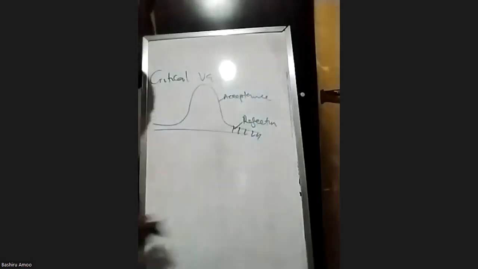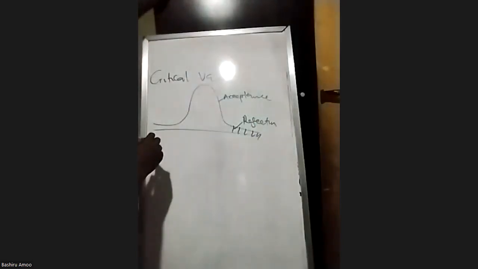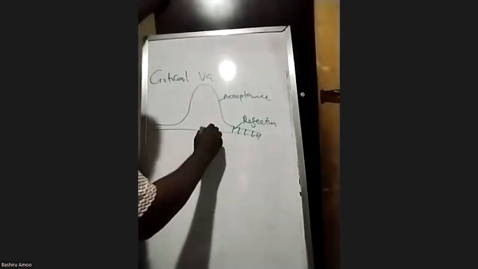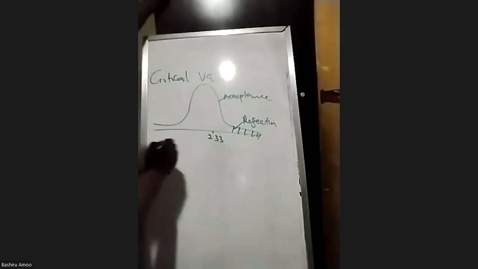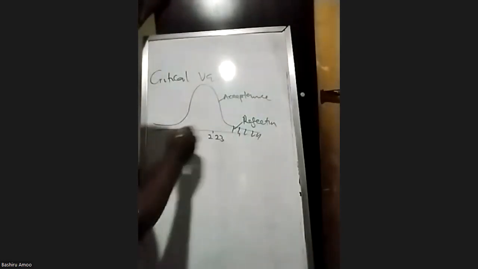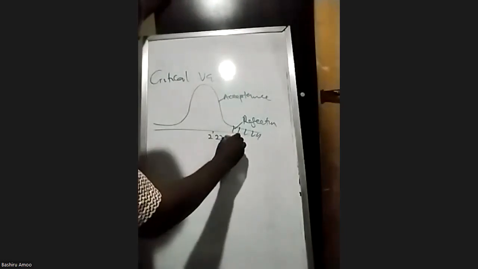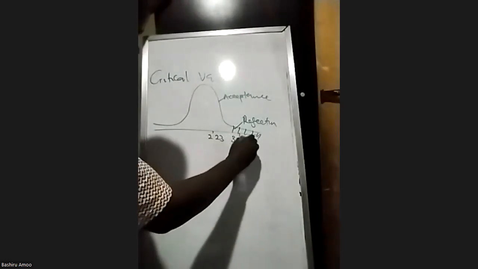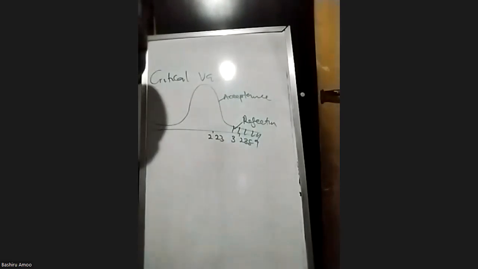Just analyze it like this. What do we have? The calculated value is 2.23, and for the tabulated value we have 3.239.